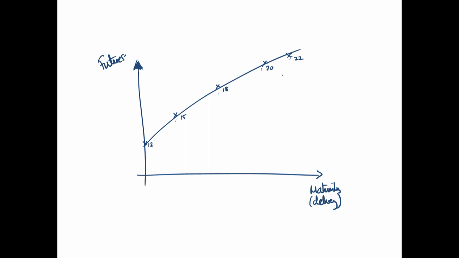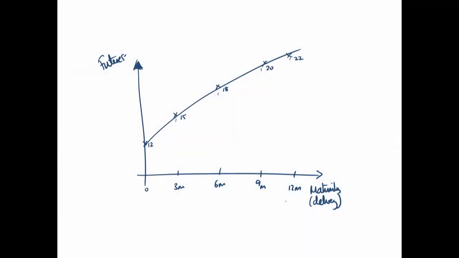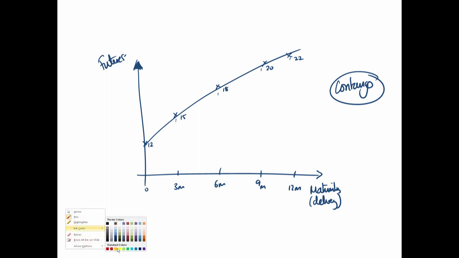So this whole idea of negative roll, 0 months, 3 months, 6 months, 9 months, 12 month contracts. This whole idea of negative roll is that if you just buy a contract and nothing changes apart from time passing, you will roll down this curve. This is a contango market because the further we go out, the higher futures prices are. And look, if you bought today this contract with 9 months to go, you'll be buying it at a futures price of 20.